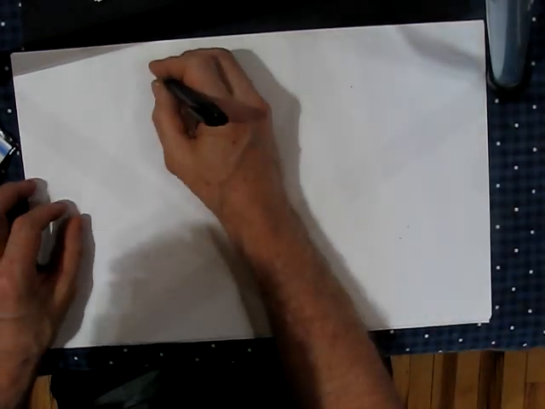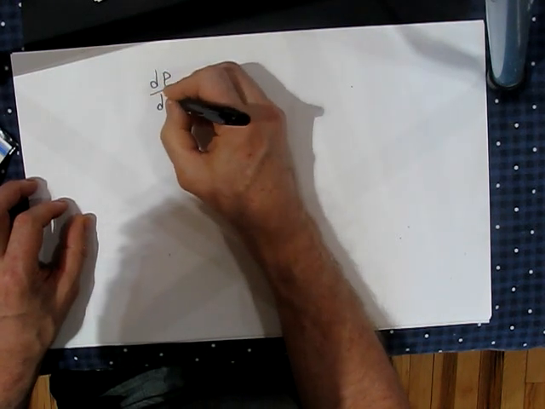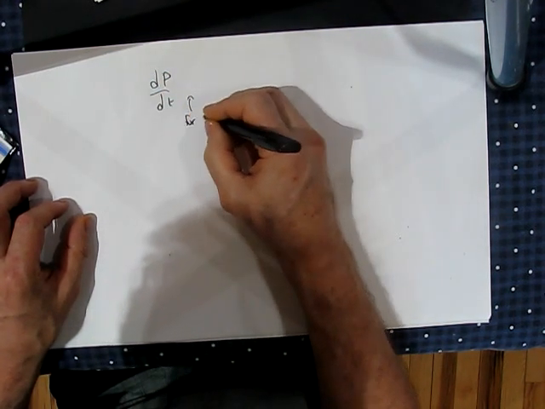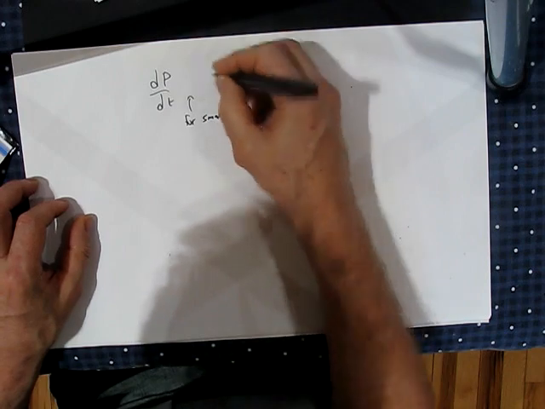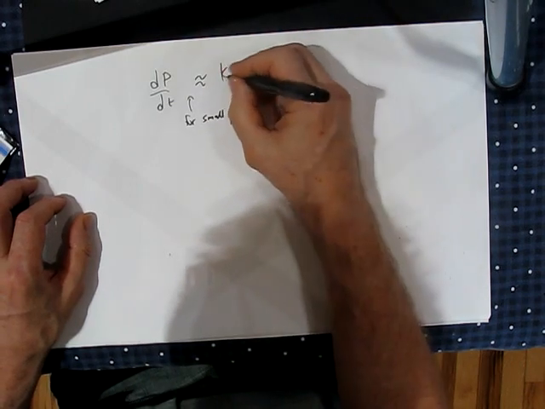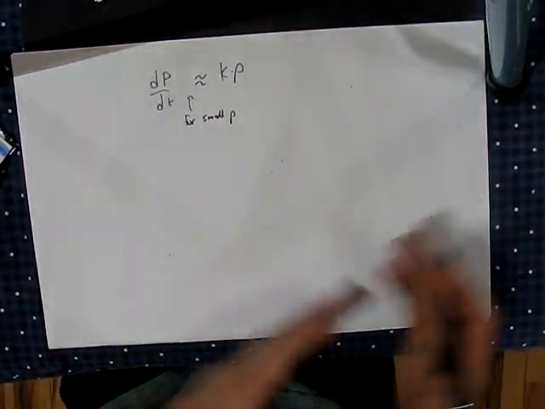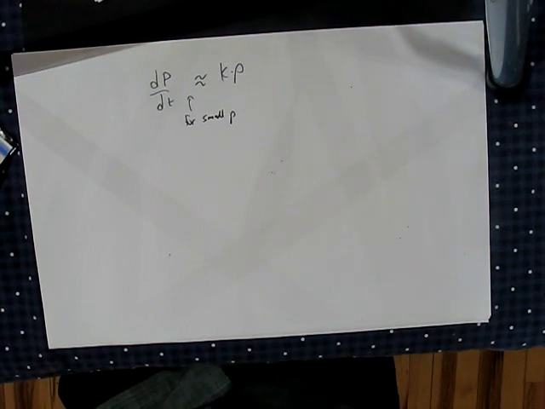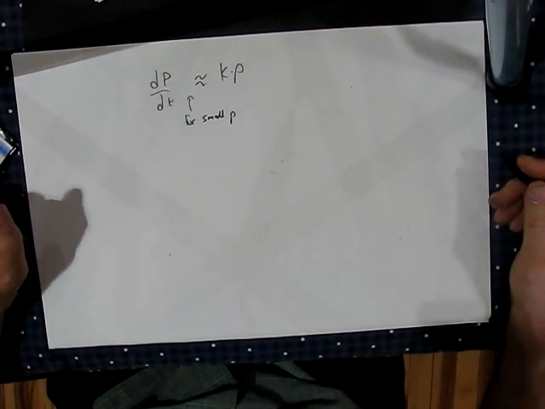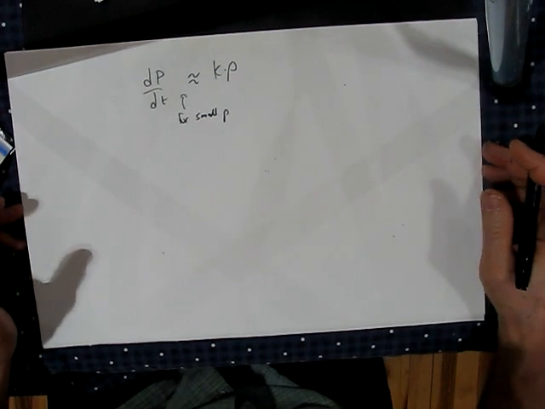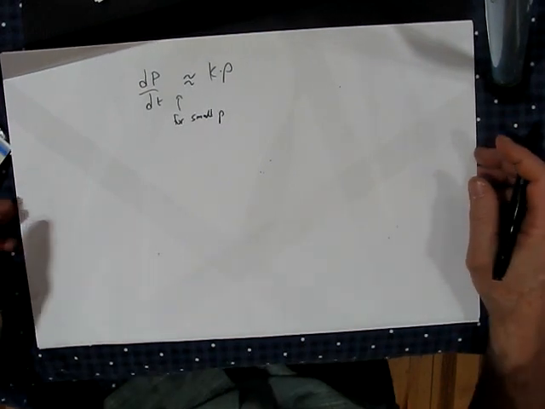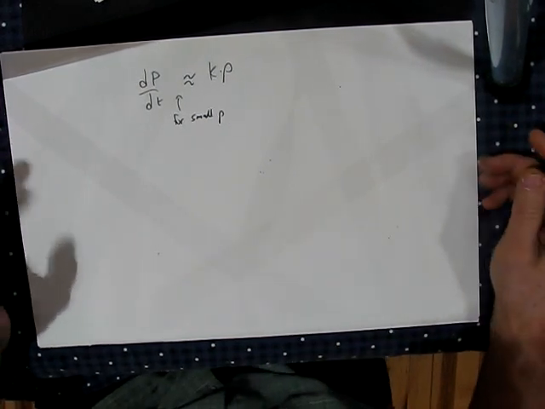So let's come up with a model that says that the growth rate for small populations is going to be like k times P. So it's going to grow exponentially. But as you grow and get larger and larger, you're going to use up resources, and there's going to be fewer places to live, and it's more difficult to survive.